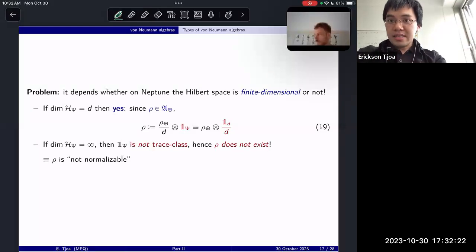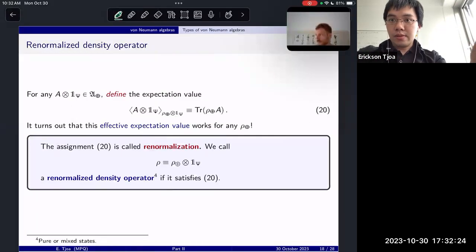And this thought experiment is actually very important, because if you think about it, we still can define expectation value in the following way. If I have an operator that is a tensor identity on Neptune, then you can still define expectation value with respect to rho tensor identity, even though this is not quite a state, to be consistent with just the local trace on Earth.